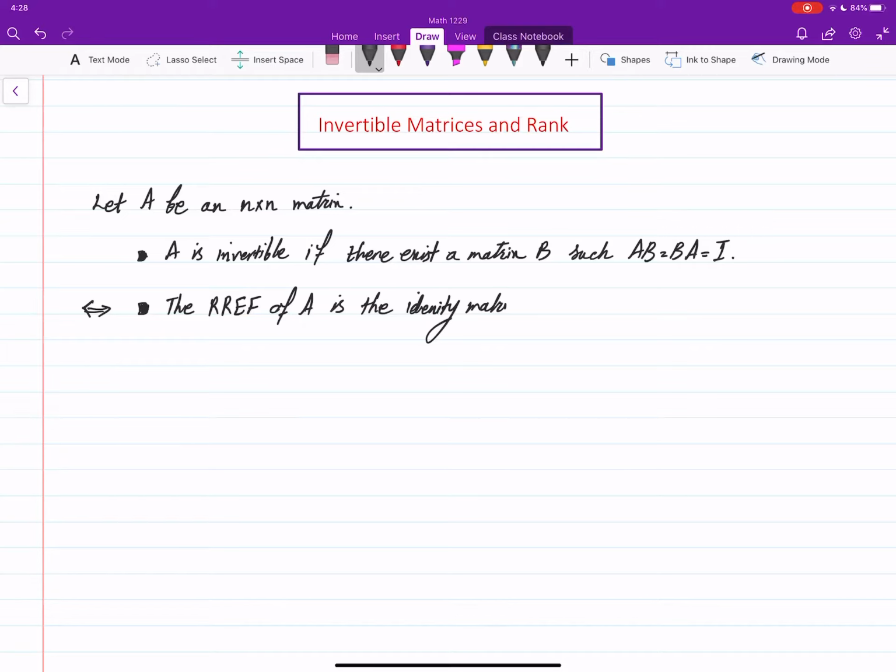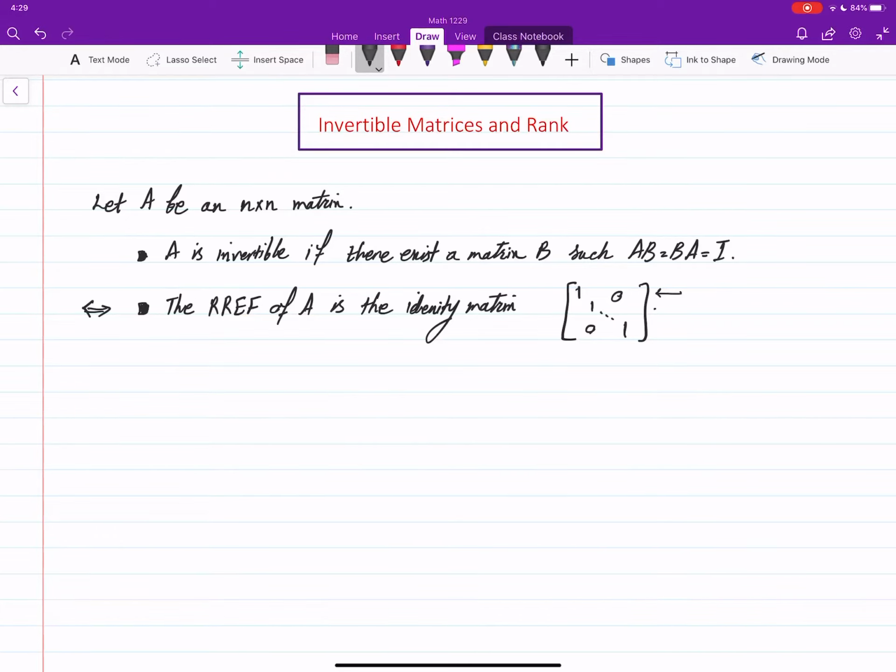And actually we use this trick that you put A and I, and then row reduce it, then the identity and A inverse will appear there. So the identity matrix has 1s on the main diagonal and everything else will be 0.